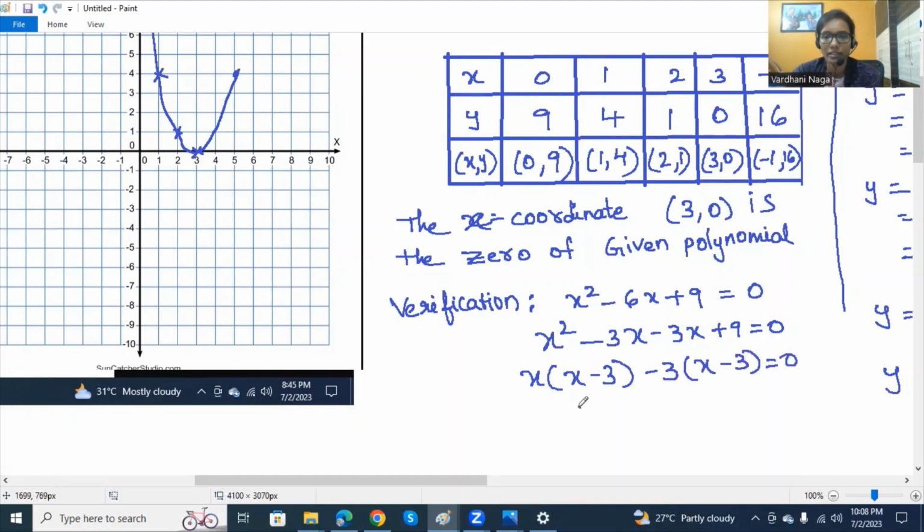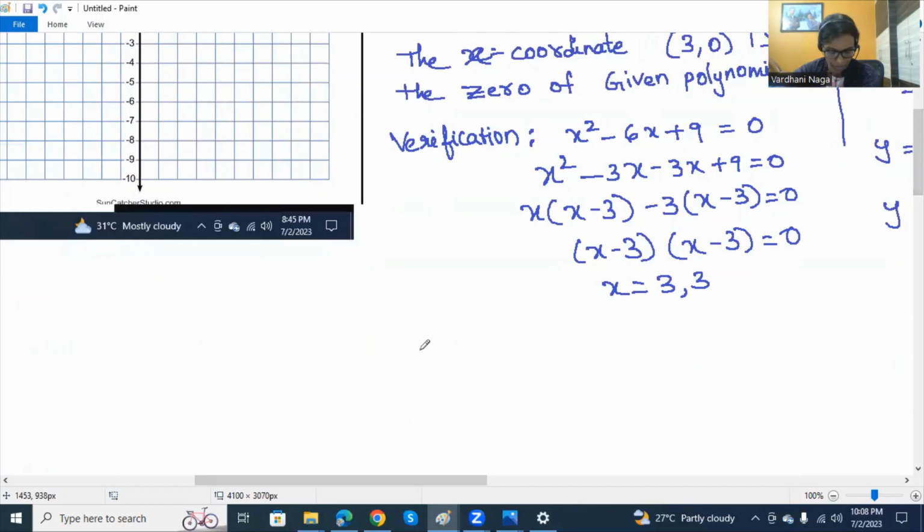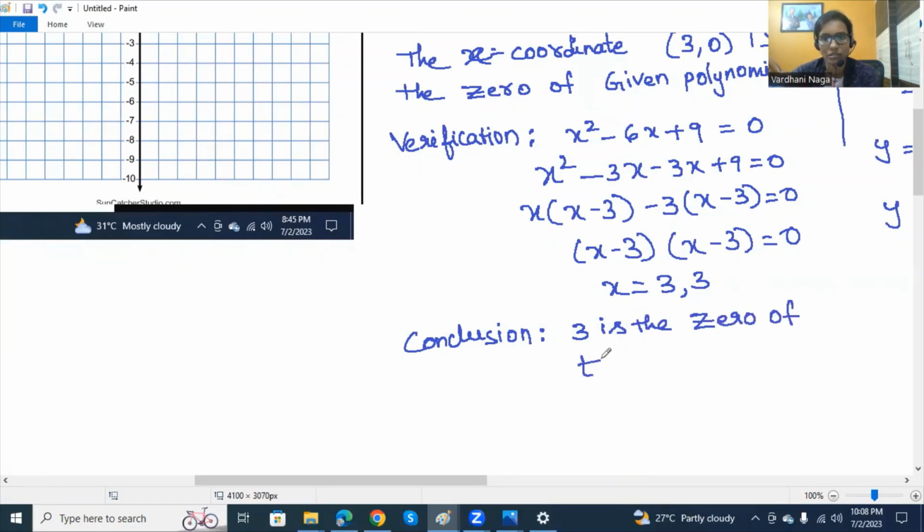Both x minus 3s, write one time, and the remaining numbers you write as one factor. If x minus 3 is equal to 0, x is equal to 3, 3. Conclusion: 3 is the zero of the given polynomial.